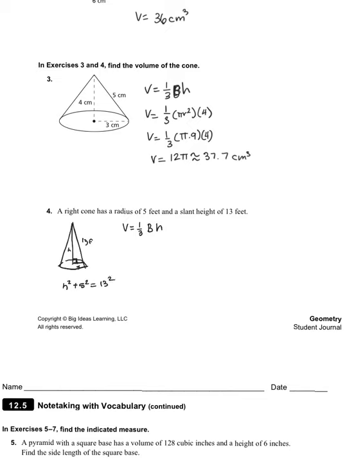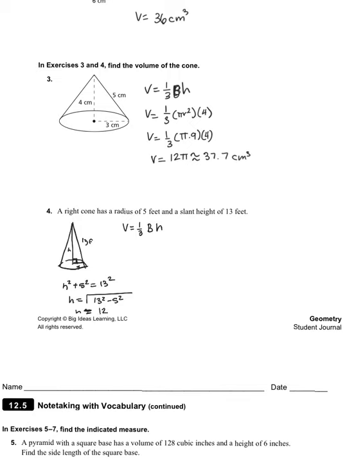And then I'm just going to solve for h for my height. So when you do this, you get h is the square root of 13 squared minus 5 squared. And then when you plug that into the calculator, you get that h is 12.